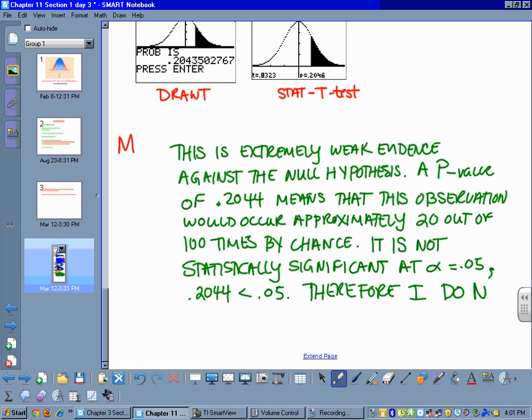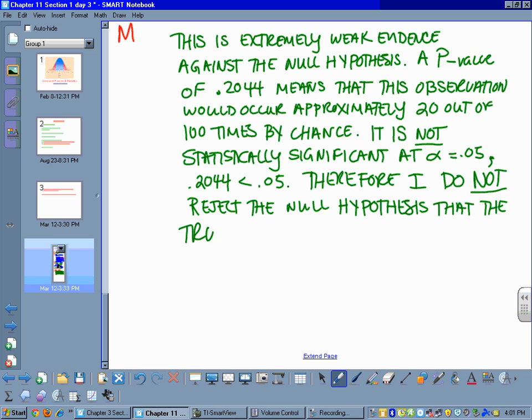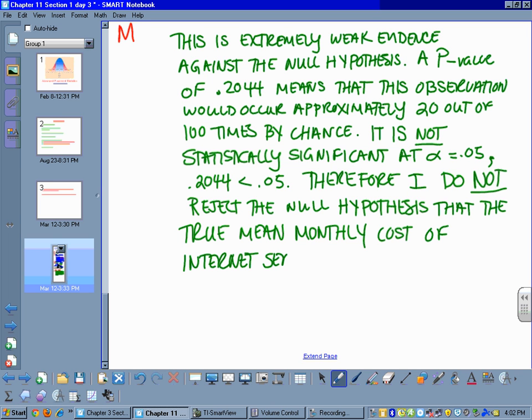I do not, notice it is not statistically significant, so I do not reject the null hypothesis that the true mean monthly cost of internet service is $20.